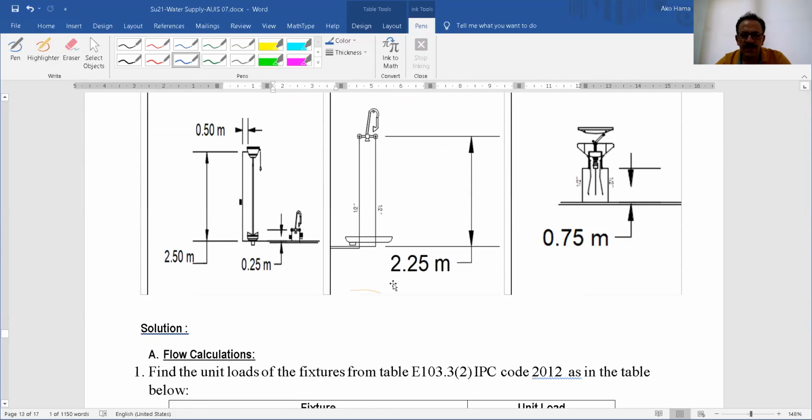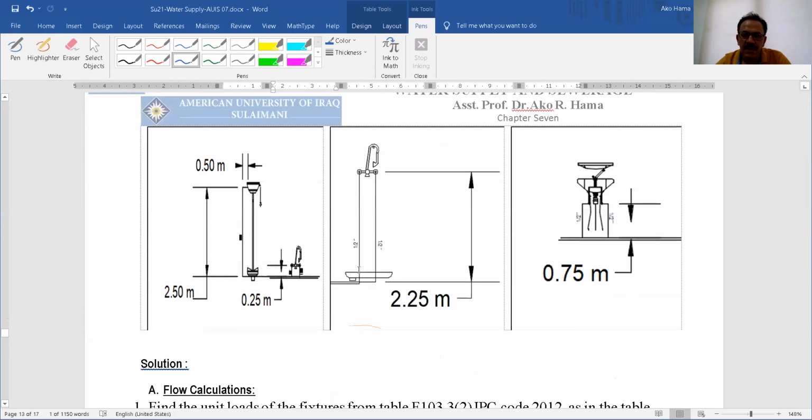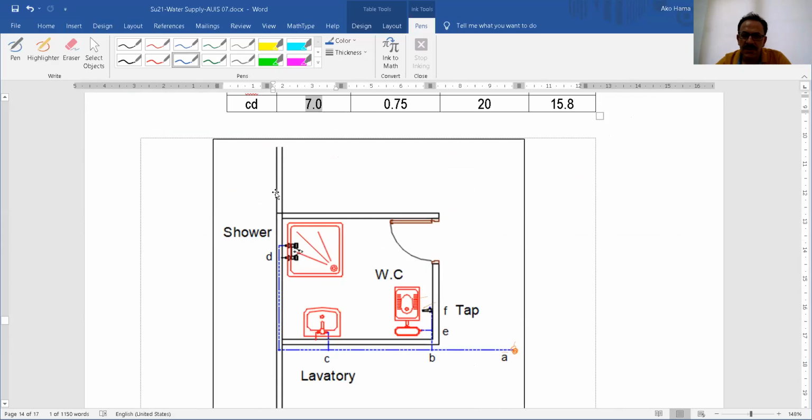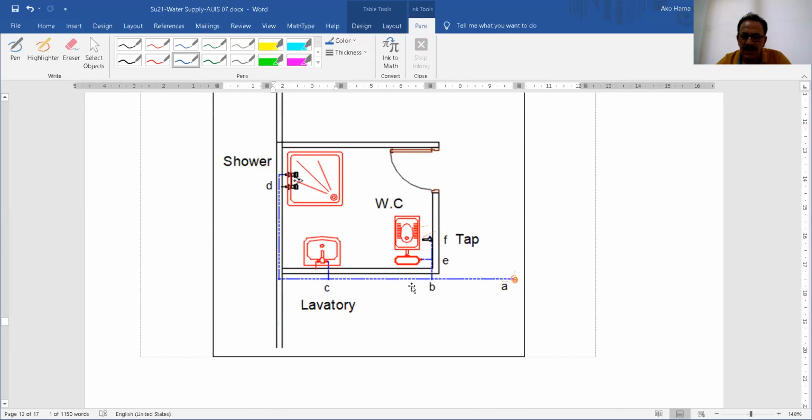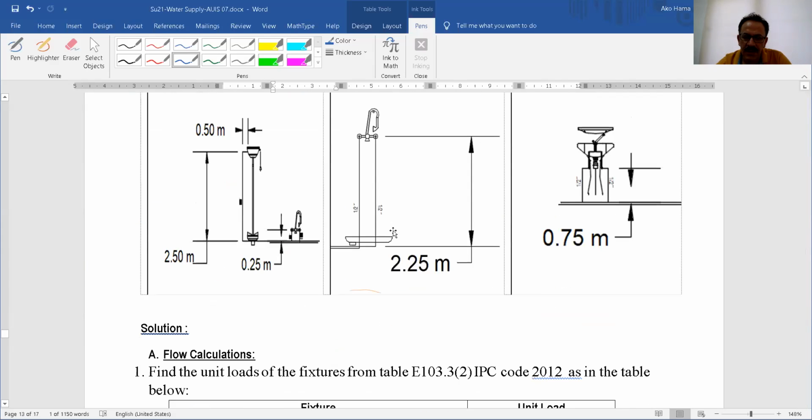Now, what should we do? First of all, by the way, the details are given here. From A to B, this is the B. This will be the toilet, and this will be the tap. After the water is coming here, it will be the other one, which is 2.5 meters.